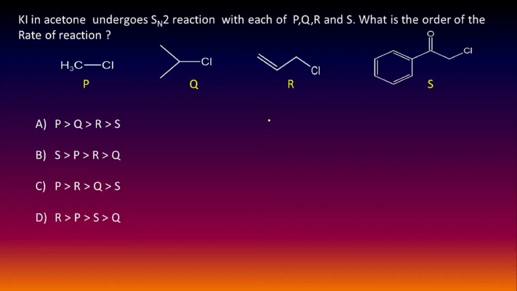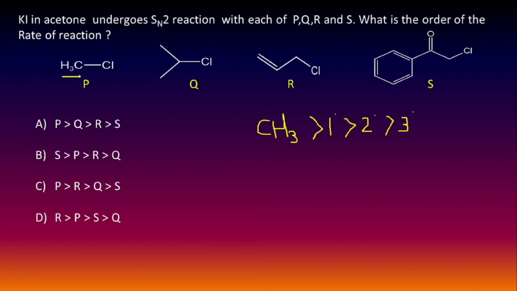First will be CH3, then primary, then secondary, and then tertiary. It is the order of reactivity for methyl, primary, secondary and tertiary in SN2 reaction.